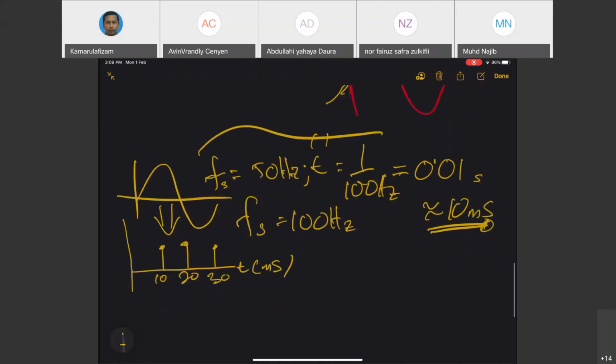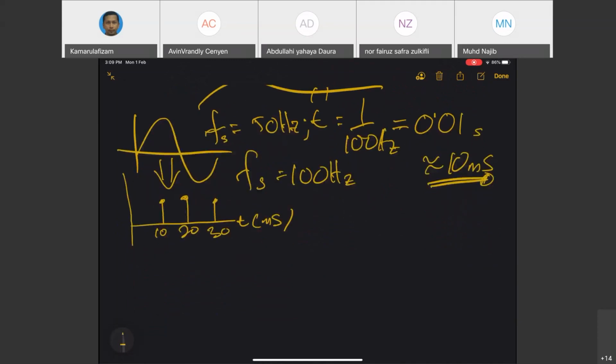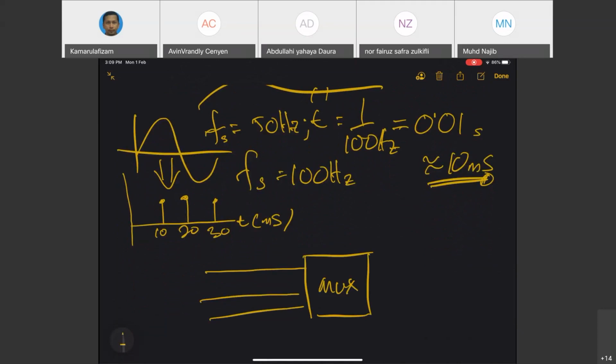So for example, I'm working with a multiplexer which receives 3 inputs. Each of these inputs is basically a sinusoid. I have one signal coming in. Now my mux is basically switching to this one.